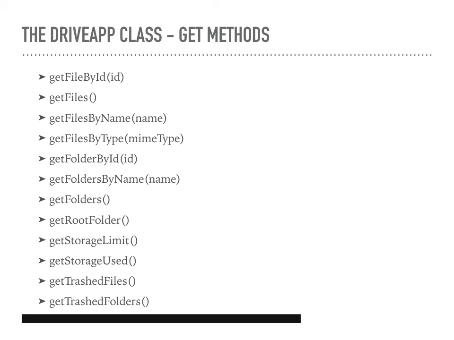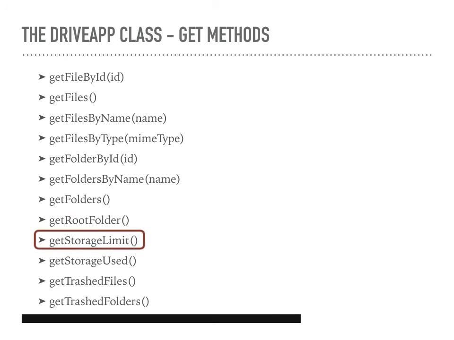There are also a number of get methods to get a file given its ID, or get all the files in the drive, or get a file given its name, or its type. Similarly, we can get a folder given its ID, or its name. We can get all the folders as well using the getFolders method. We can always get the root folder using the getRootFolder method.